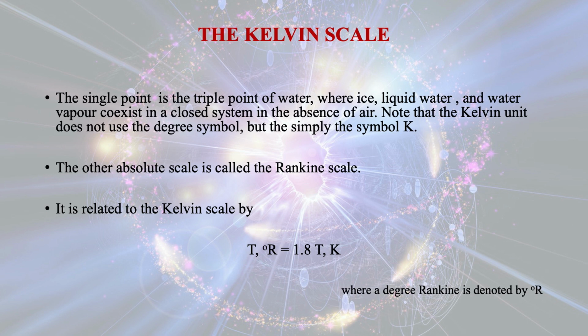In the Kelvin scale, the single point is the triple point of water, where ice, liquid water and water vapor coexist in a closed system in the absence of air. Note that the Kelvin unit does not use the degree symbol, but simply the symbol K, capital K.